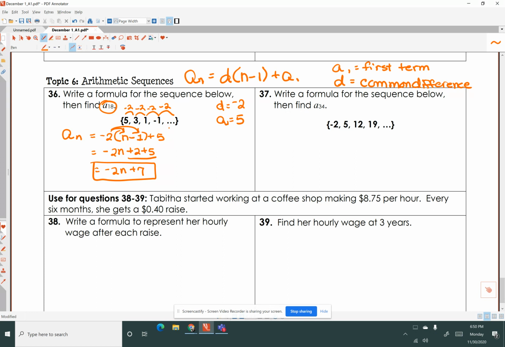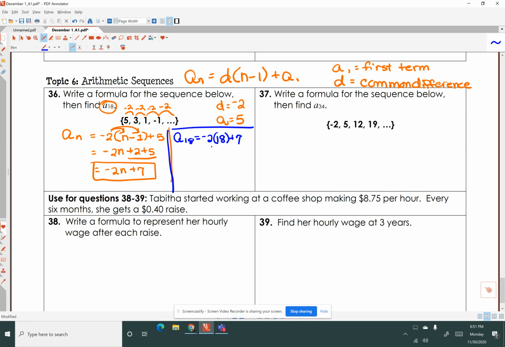Now we've been asked to find the 18th term. So I think I should change my color, and we'll squeeze it in here. So A sub 18 equals -2, it's just a substitution, times 18 plus 7.